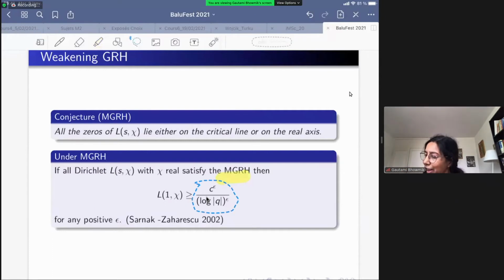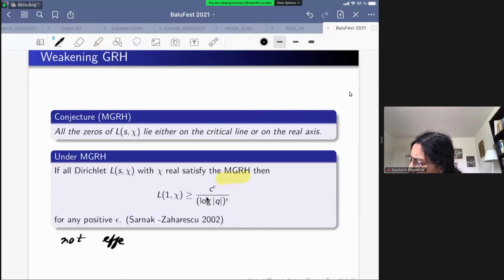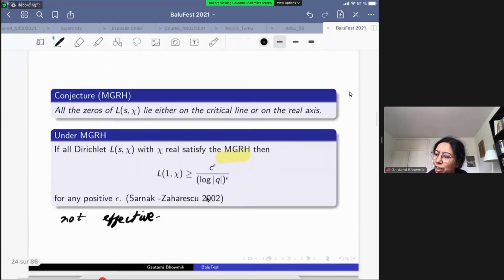So this result is not effective. But if you add some more conditions, it can be made effective. They show in the same paper that if you add some further conditions, it can get better. So this is one way: you change your GRH and you can get some results.